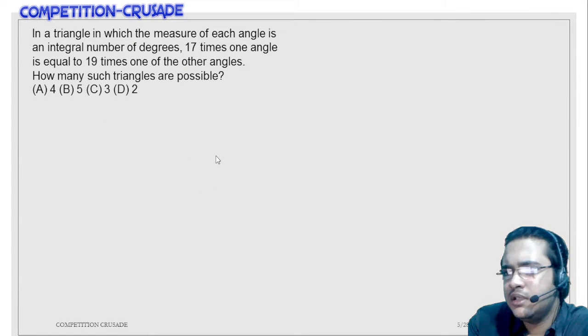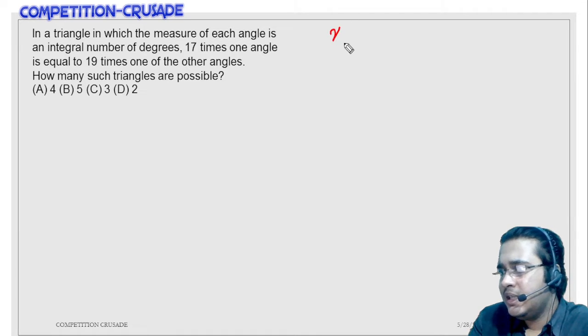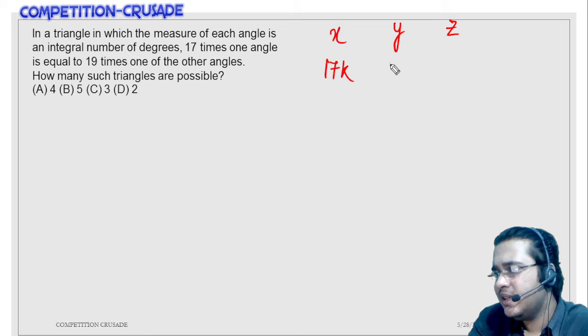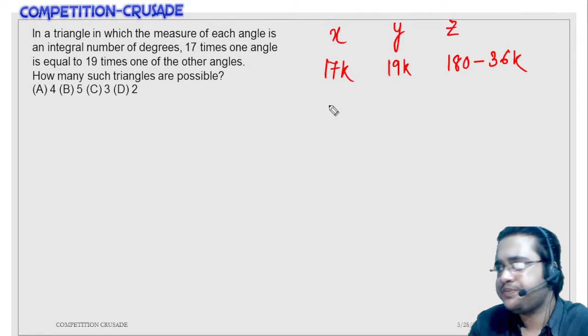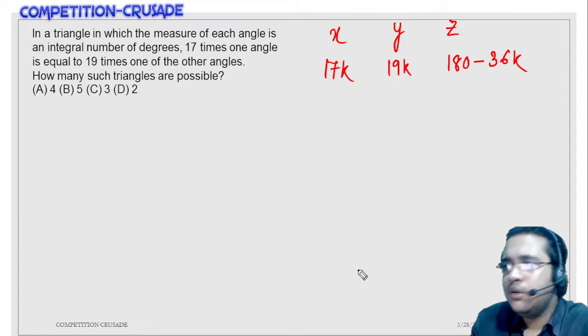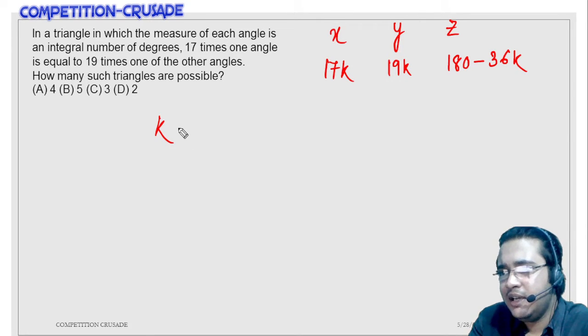I'm just reducing the question palette a little bit just so that I can do my rough work a little easily. So what I can see is that x, y and z, I will just write 17k, 19k, and this one will be 180 minus 36k. Now try to understand that k can take values from 0 all the way till infinity.